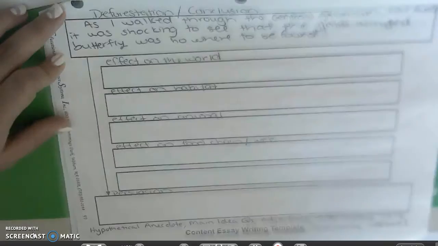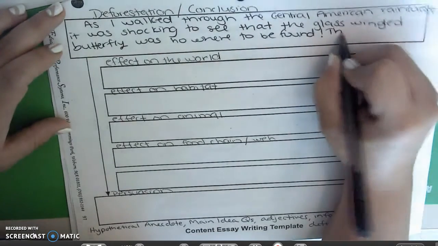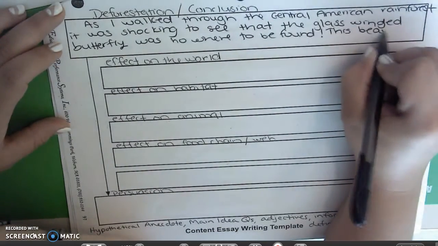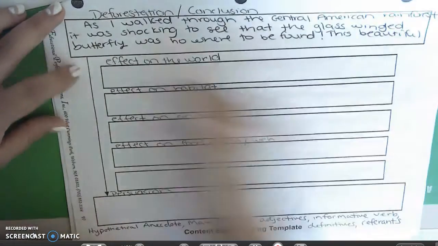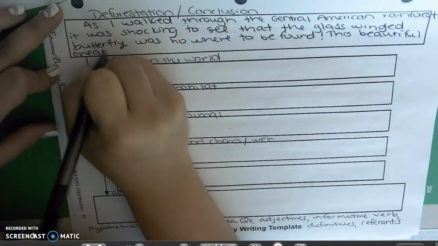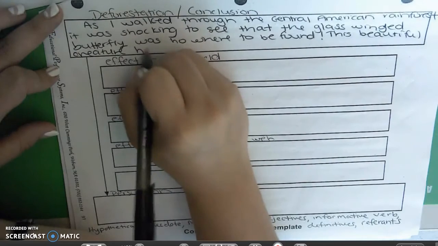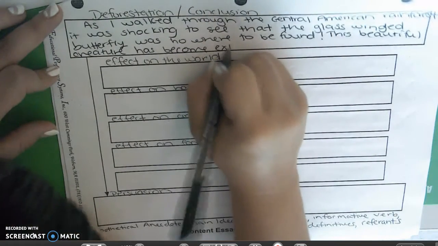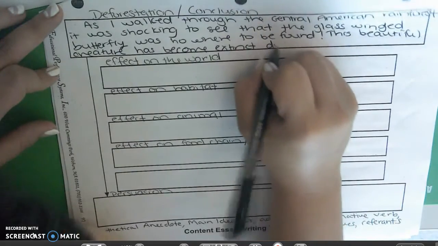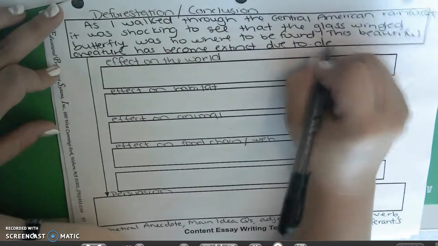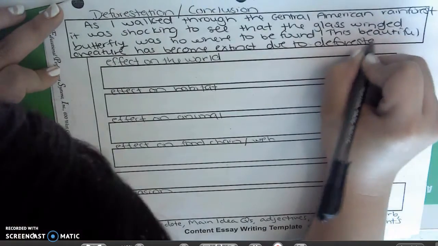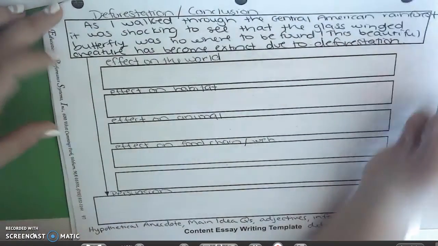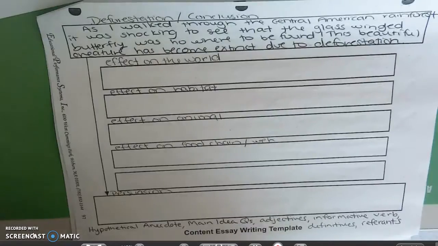Exclamation point. This beautiful creature has become extinct due to deforestation. Okay, so I have a hypothetical anecdote. So I'm telling a story, and it's something that hasn't actually happened.